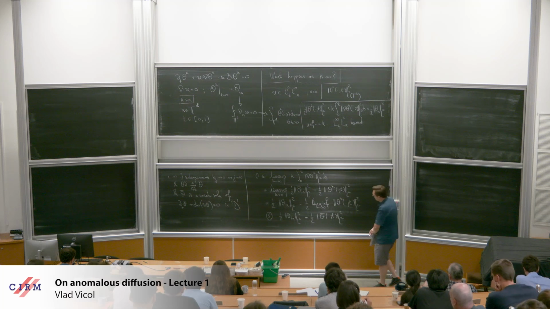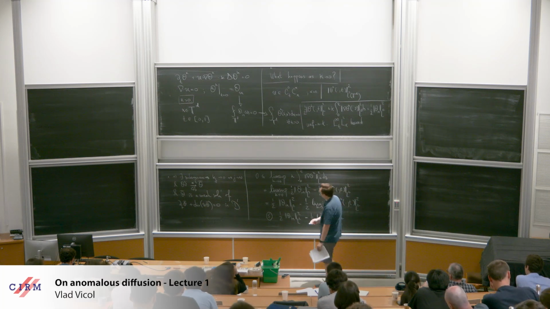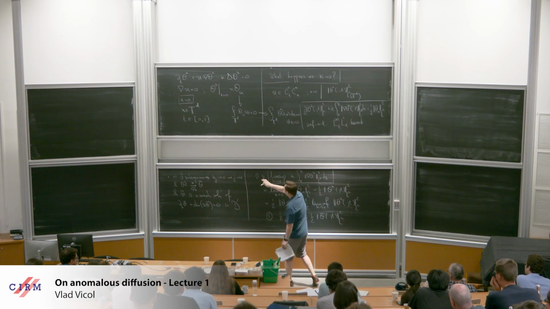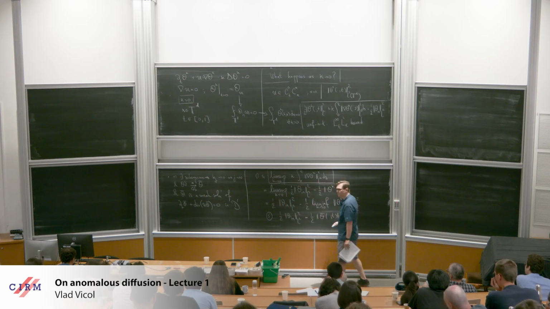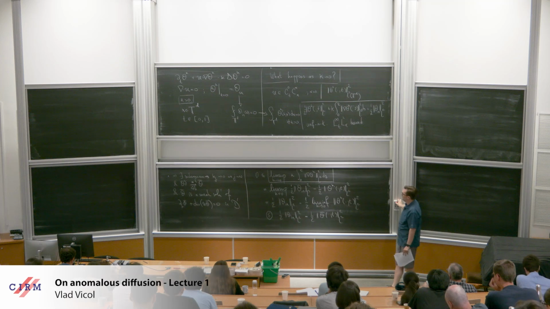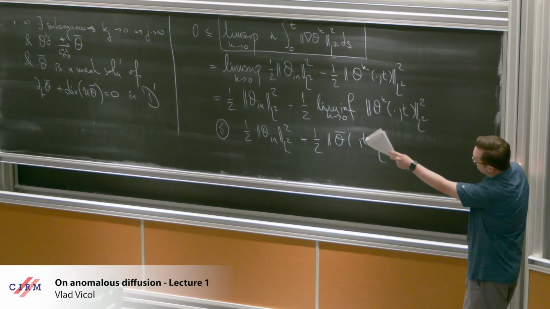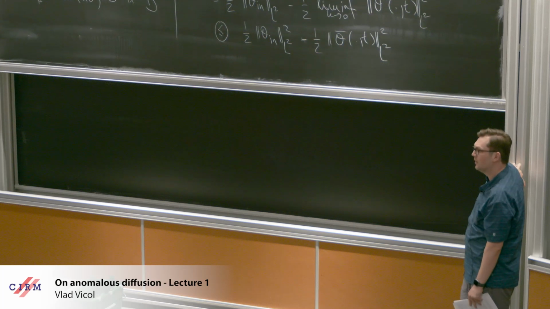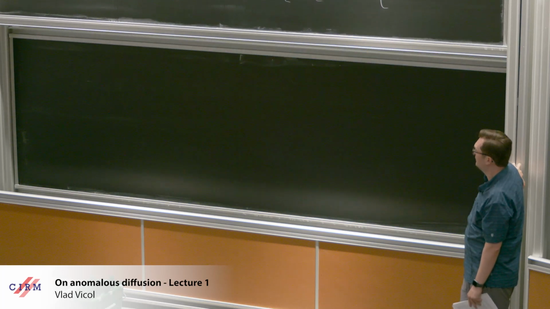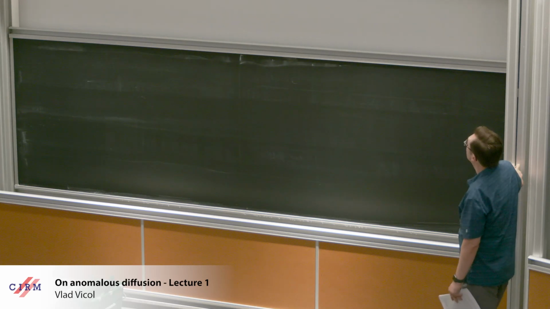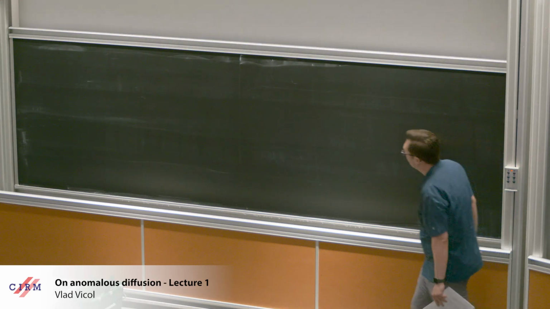And the consequence is the following. This object here is always non-negative, and it's bounded from above by something. So if, for some reason, you know that the solution of the transport equation that you got in the limit there conserves its L2 norm, then the right-hand side is also equal to 0. Okay, so it keeps going. Great.